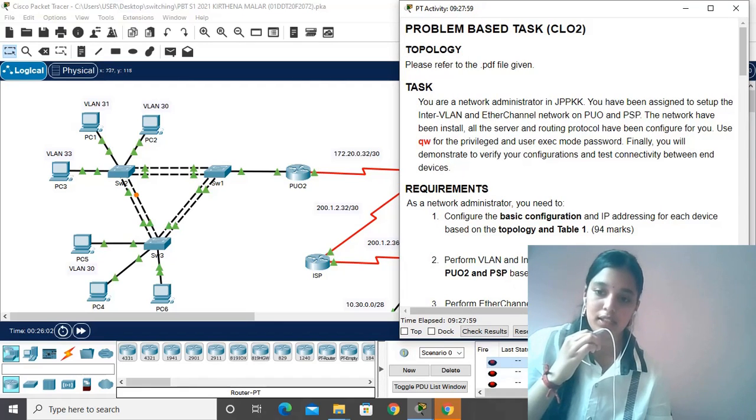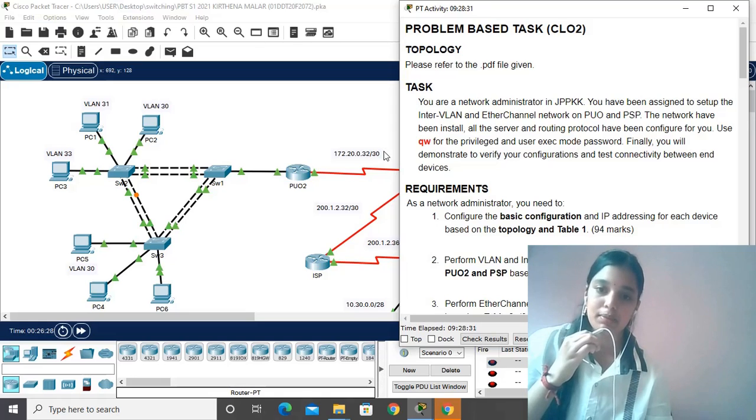So this is the table of the instruction given. Problem based task. The task is that you are a network administrator in JPKK. You have been assigned to set up the inter-VLAN and inter-channel network on PO and ISP. The network has been installed, and all the servers and routing protocols have been configured for you. Use QW for the privilege and user access mode.